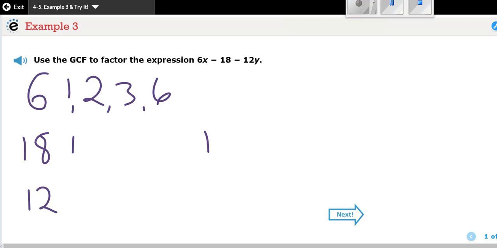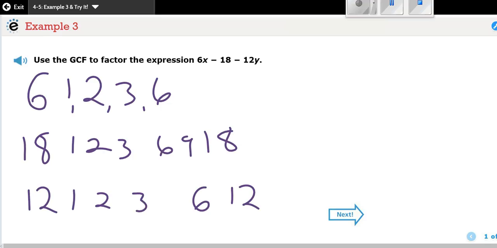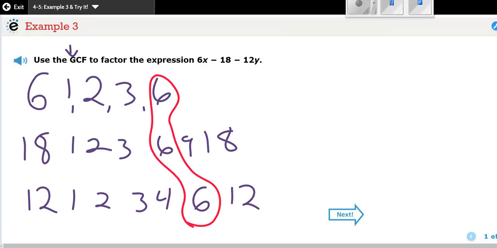So if I go 18, I got 1 times 18, 2 times 9, 3 times 6, and then 12, of course, is 1 times 12, 2 times 6, and 3 times 4. And so now I start looking for things that match, and of course I'm looking for G, the greatest. And so as I look for the greatest, I come away with understanding that 6 is the greatest.